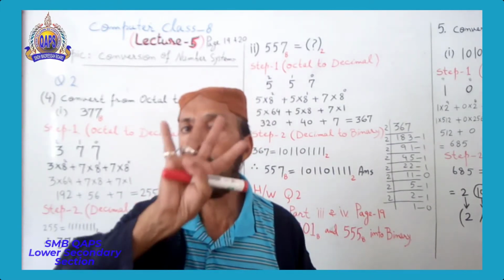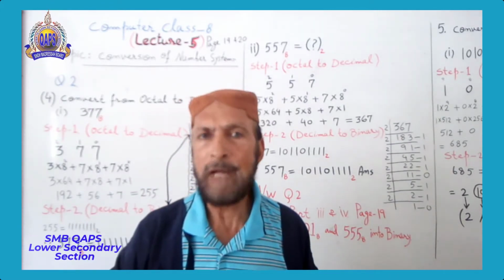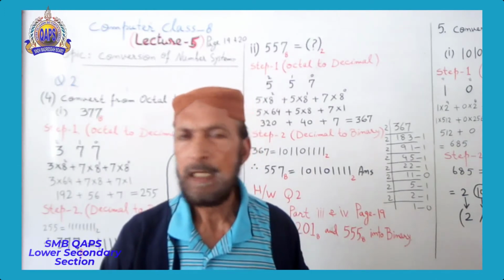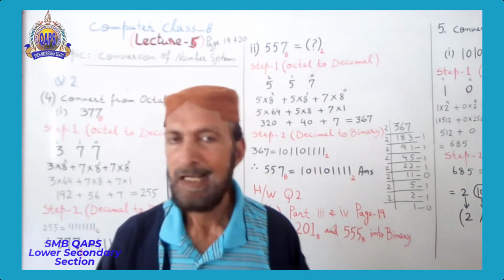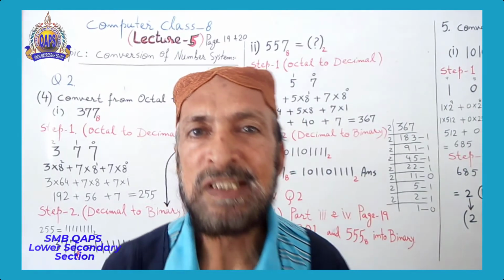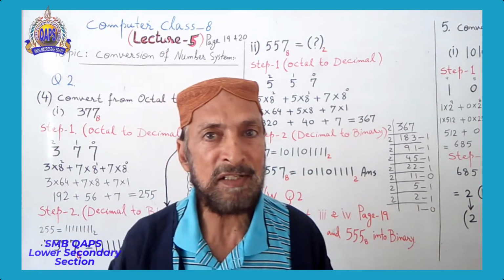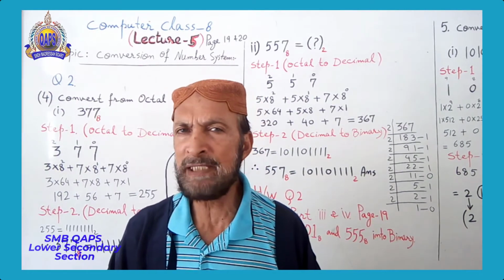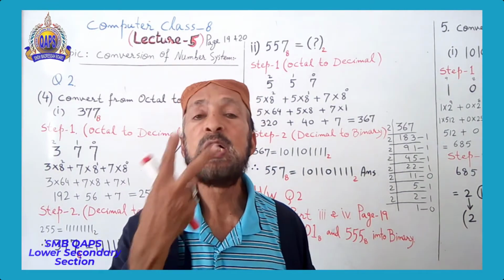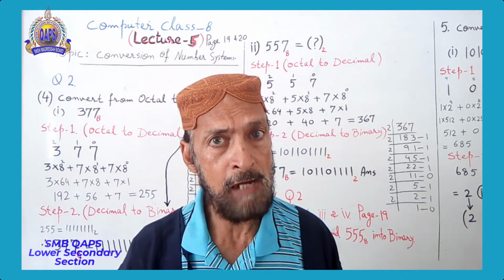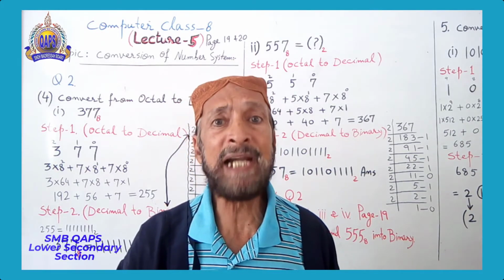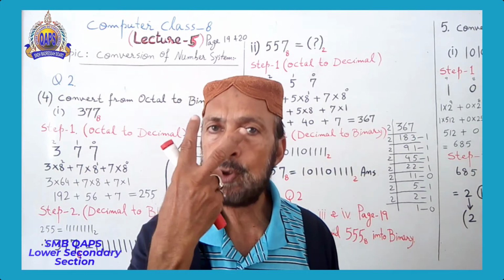Why not by 4? Why not by any number? Reason: because the base power of binary number system is 2. That's why we will have to divide it by 2.